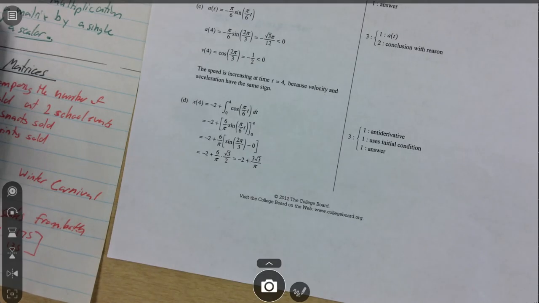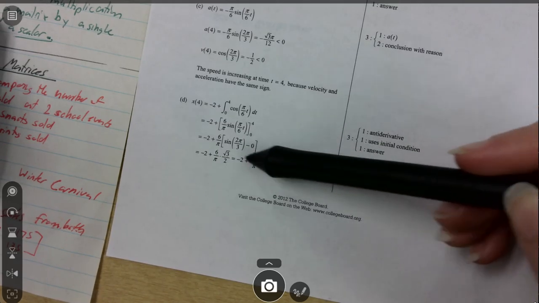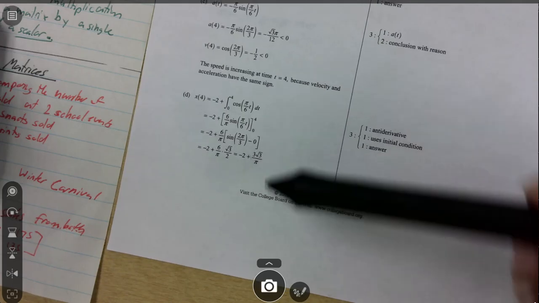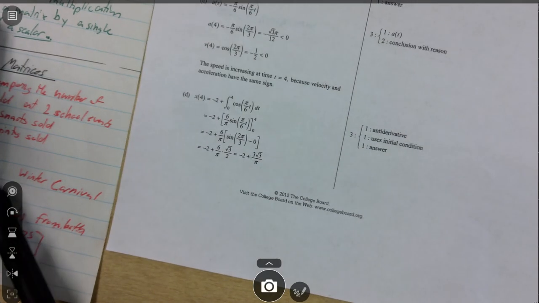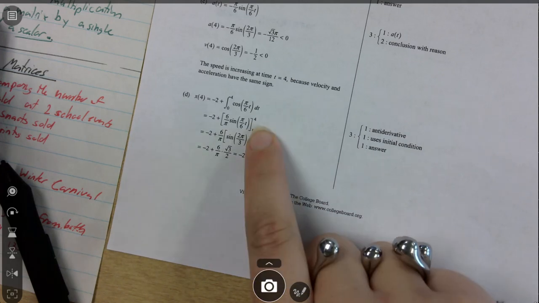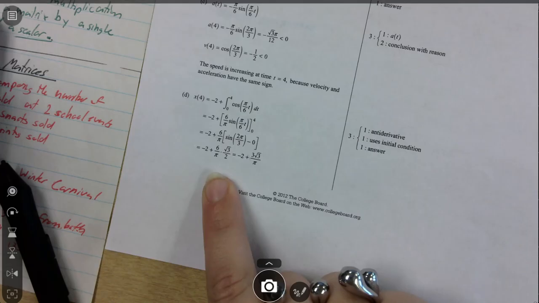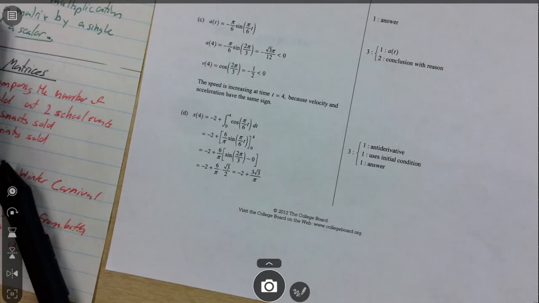So antiderivative of that, we should have gotten that down, evaluate it to equal this statement right there. And it just says find the position, so you don't need to write a statement for this. Antiderivative was 1 point. Using initial condition is another point. And our answer is another point.